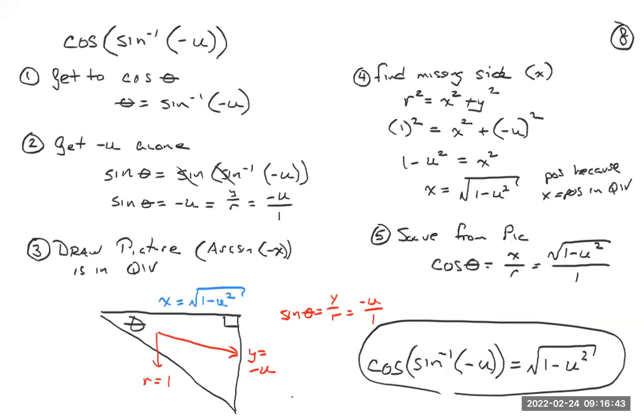You feeling pretty confident now? Same steps, every time. The biggest thing, the single biggest thing is number 3. Draw that picture. Label your triangle.